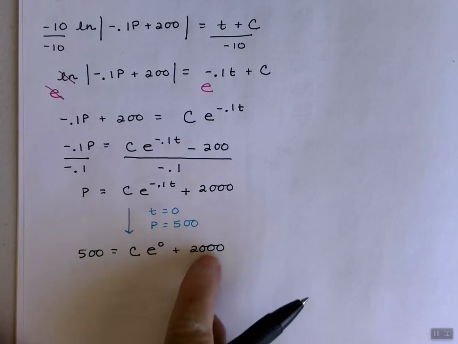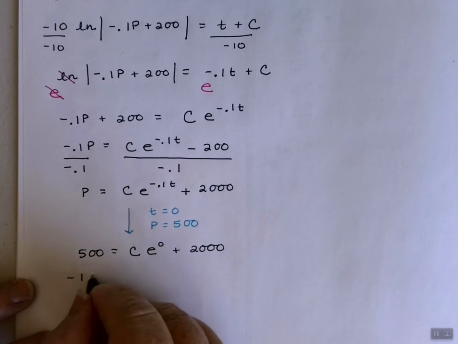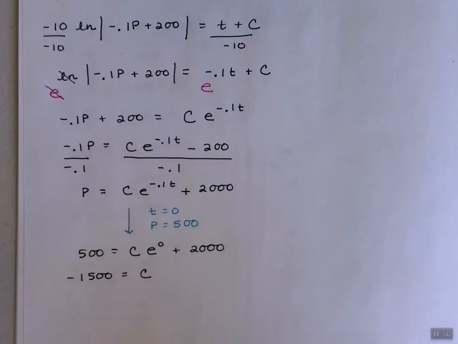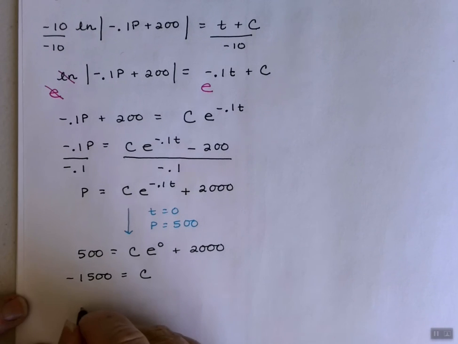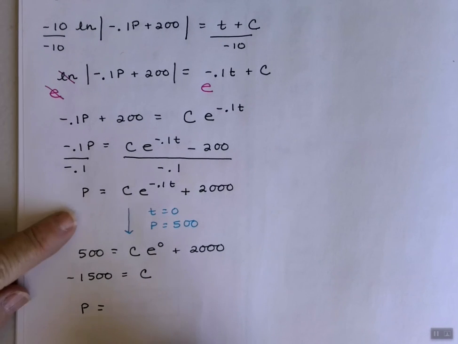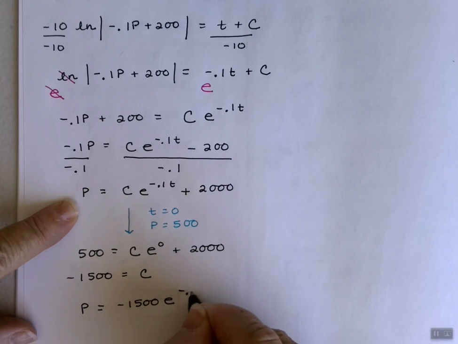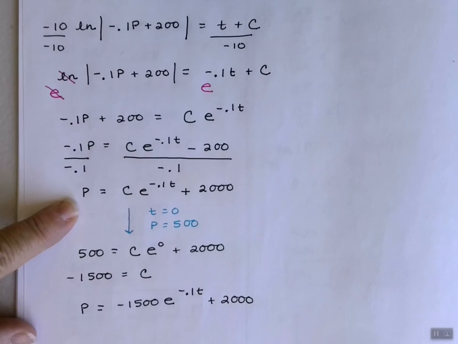I'm going to subtract the 2,000 over. Negative 1,500 equals c times e to the 0, which is 1. And so my c this time is negative 1,500. So my particular solution, p equals negative 1,500 e to the negative 0.1 t plus 2,000.